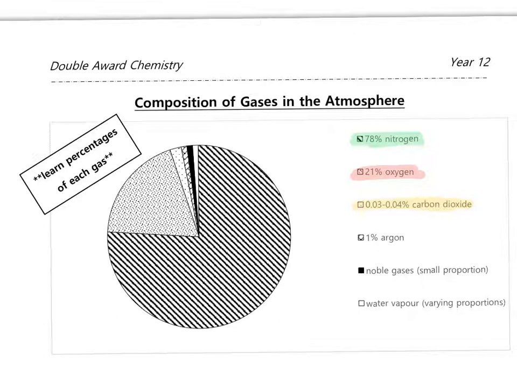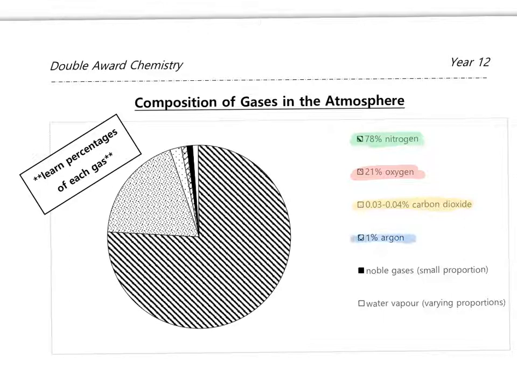So that level of carbon dioxide will depend from country to country and area to area, and also at particular times of the day. Carbon dioxide levels can be higher or lower, they can fluctuate, or at a particular time where maybe factories are working more, etc. So that percentage can vary.